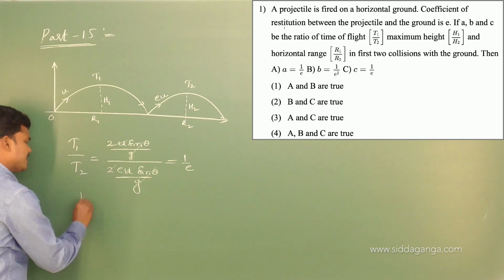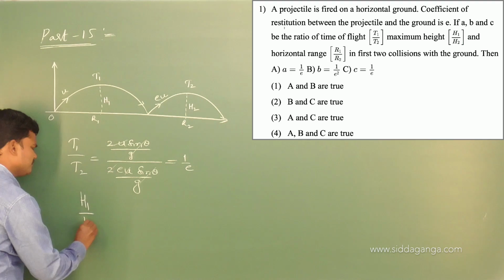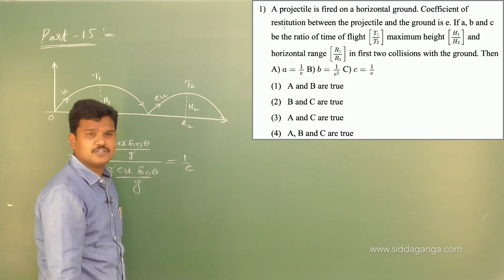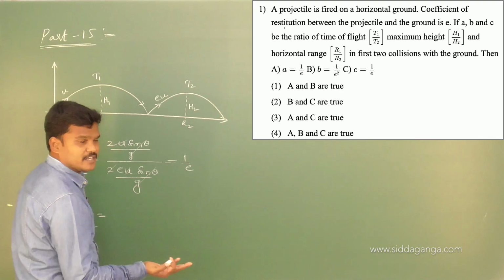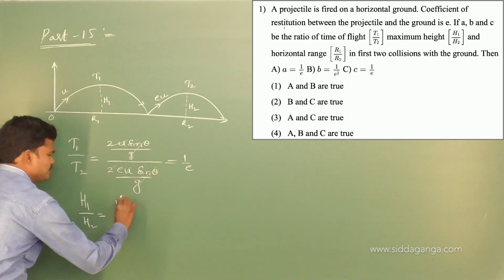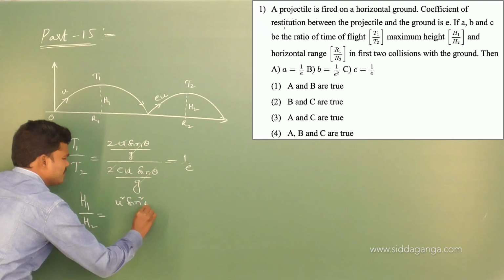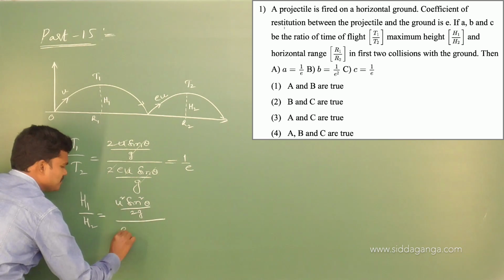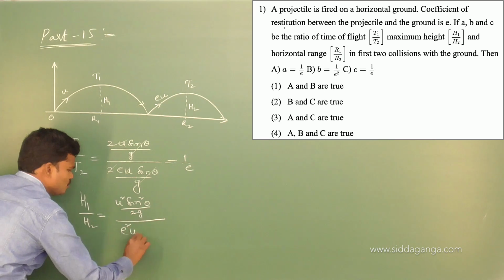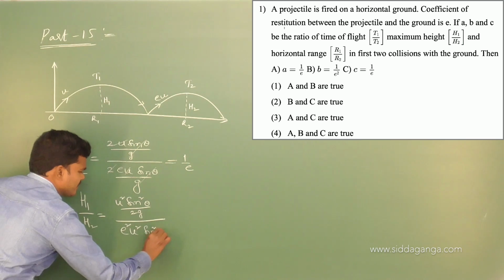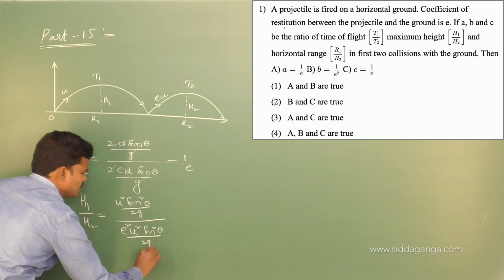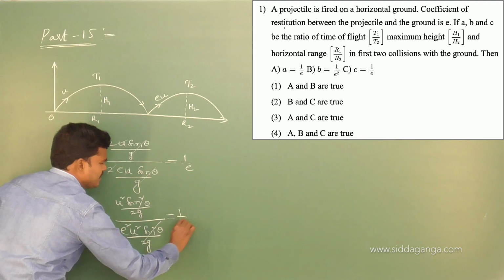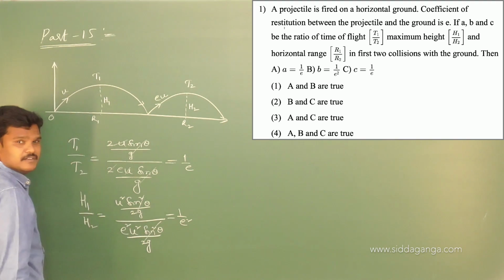Let me verify the maximum heights h1, h2. We can expect directly that maximum height is proportional to u square. Otherwise, let me write u square sin square theta by 2g. Here u becomes eu, so e square u square sin square theta by 2g. If you strike off, you will get 1 by e square.